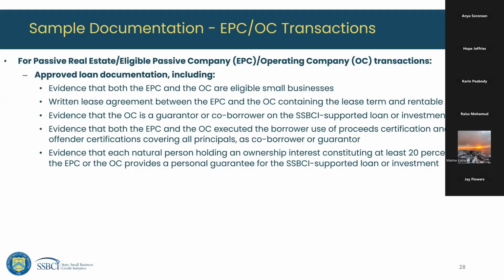And then this one's a big one. 100% of the rentable property acquired and held using the SSBCI supporting loan to the EPC must be leased to one or more OCs, and then the OC may subsequently sublease no more than 49% of the rentable square footage, and that is the case in the purchase of an existing building, and no more than 40% in the case of new construction, to one or more unaffiliated tenants.